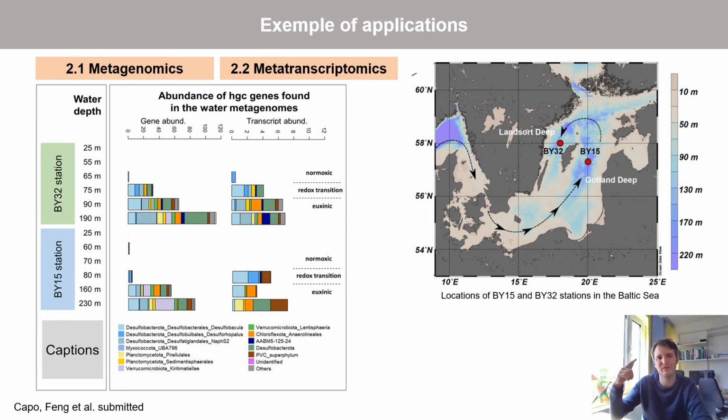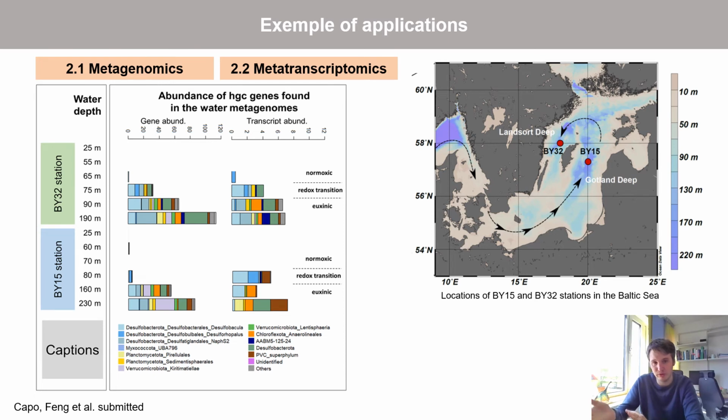Water depth is very interesting because we have different oxygen concentrations. What we saw here is an increase of the hgcA genes with decrease of oxygen, and also with increase of methylmercury concentration, which I don't show here. Even more interesting, we found an increase in transcript abundance in those specific water columns.